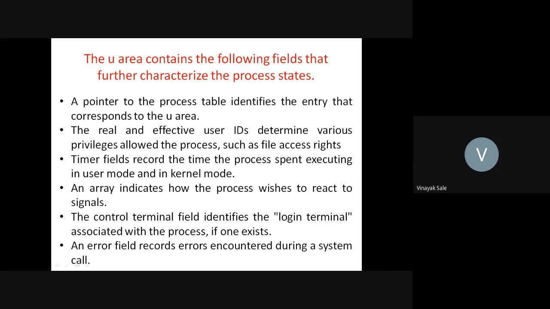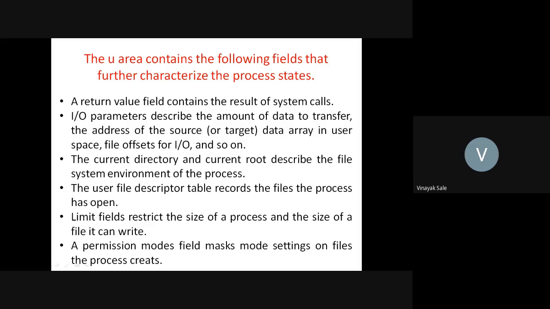An error field records errors encountered during a system call. A return value field contains the result of a system call. Whenever a process is interrupted by a system call, it gives the return value, which is the acknowledgement of that system call.